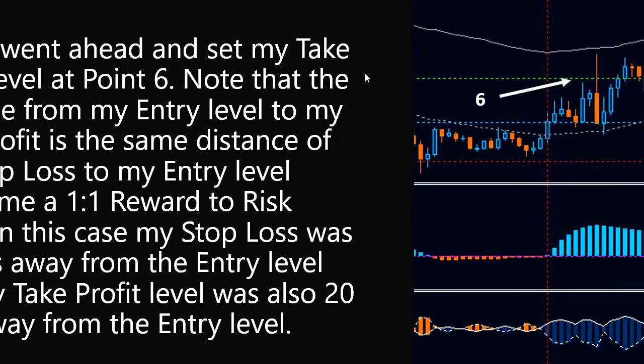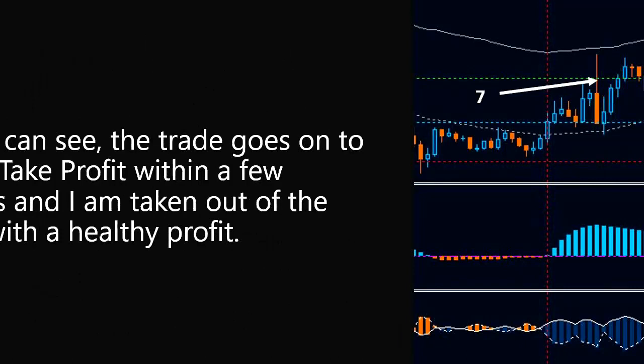And in this case, my stop loss level was 20 pips away from the entry level. And my take profit level was then also set 20 pips away from the entry level. Okay. Now, as you can see, the trade goes on to take my take profit out within a few candles. And I'm out for a healthy profit at that point, 0.7 on the charts.